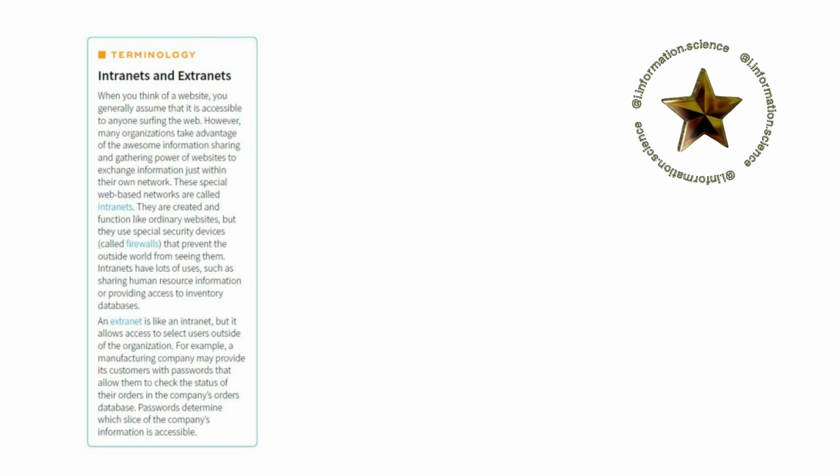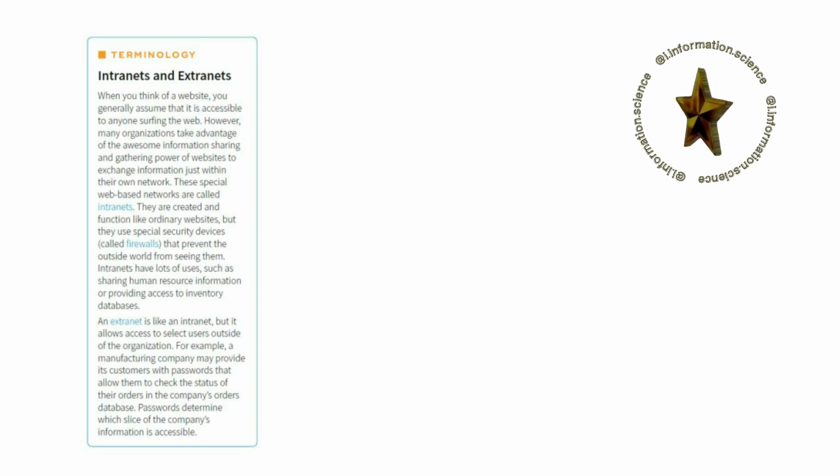These special web-based networks are called intranets. They are created and function like ordinary websites, but they use special security devices, called firewalls, that prevent the outside world from seeing them.